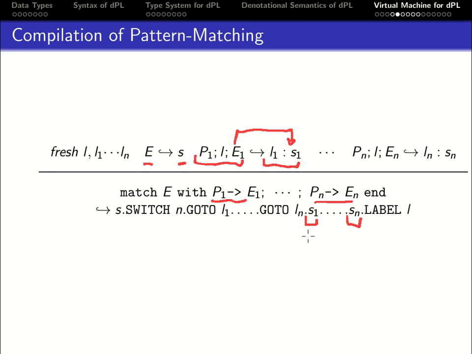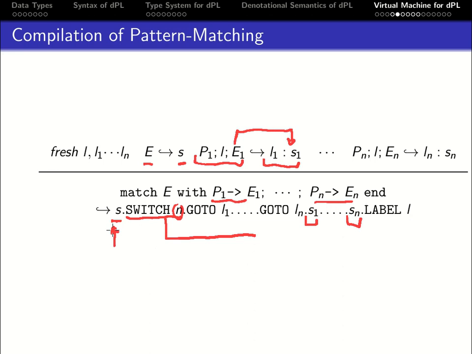So here's what's going to happen. We're going to evaluate S, the translation of E. So the result of E is going to be at the top of the stack. When we enter this, we're going to jump to the current location plus the value of S. So this S we essentially want to be a number.